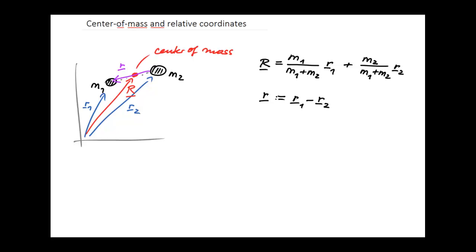That's the relative position. So what we are doing is that we change coordinates from the original R1 and R2 to center of mass position capital R and relative position little r.